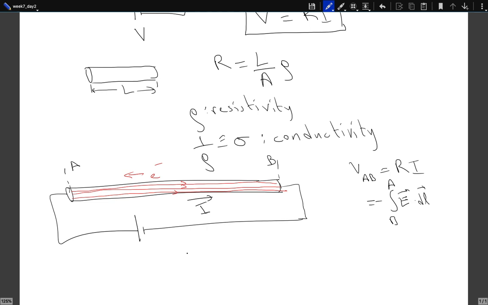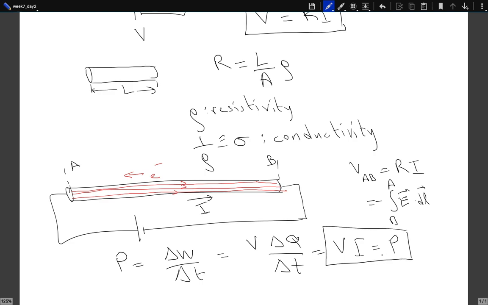So essentially the battery will be doing some work on these electrons. The power of the battery is defined as the work done per unit amount of time. If you are moving a charge delta Q over a potential difference V, the total amount of work is V times delta Q. From the definition of power, you divide it by delta T, and this is V times I.